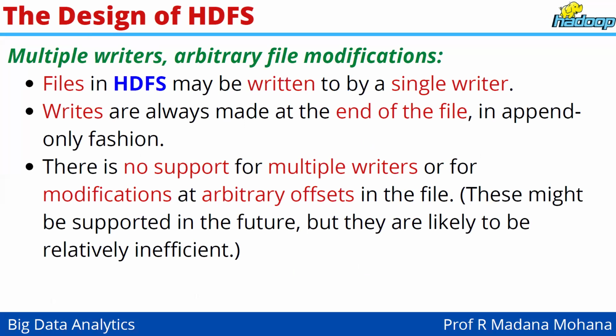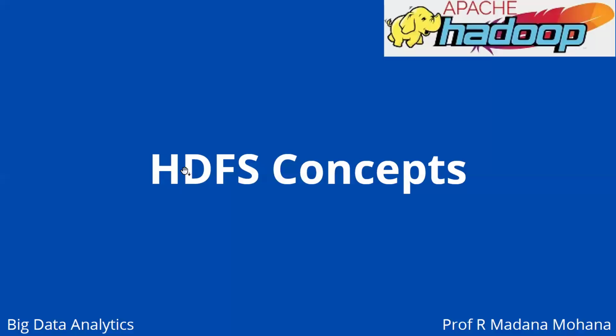These might be supported in the future, but they are likely to be relatively inefficient. These are the problems with multiple writers and arbitrary file modifications. That's all about the basic considerations while designing HDFS.